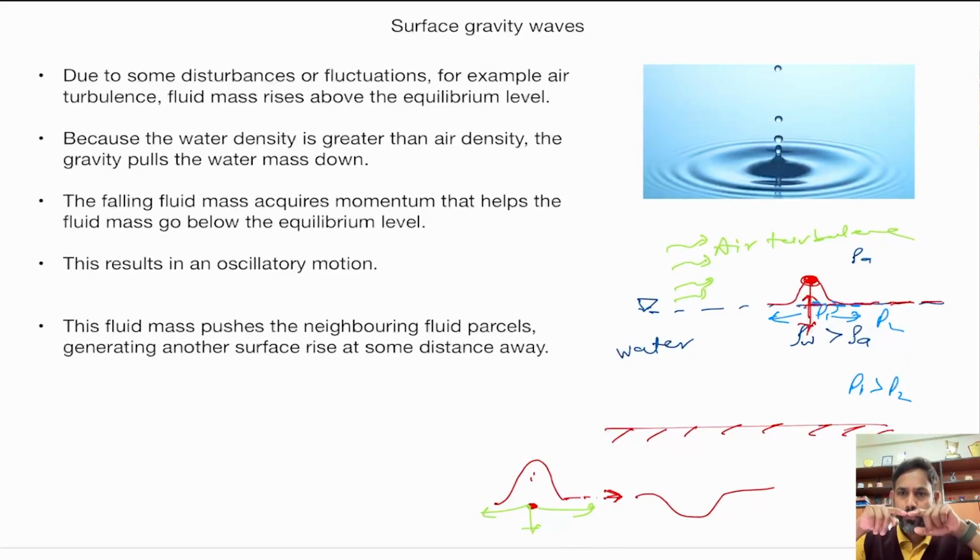So when this fluid pushes the fluid in the other direction, that energy it has got gets transported to the sides in the form of a wave. That is how your energy transports in the form of a wave from one point to the other, and this wave continuously goes up and down, and that we see from the top.